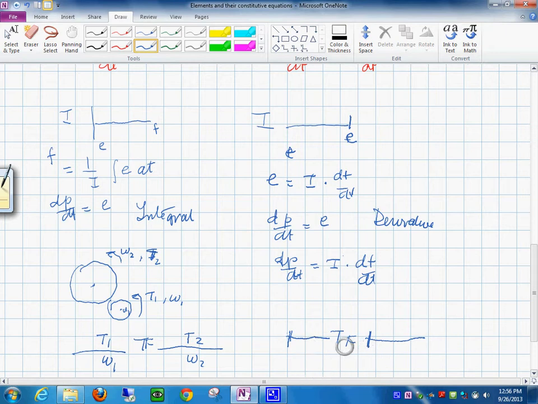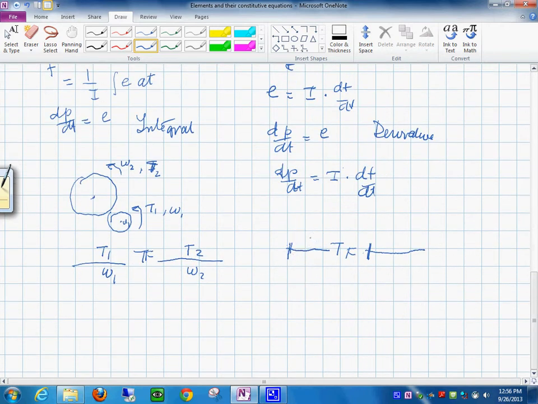If this is E sub 1 and F sub 1, this is E sub 2 and F sub 2, then it follows that E1 is equal to the transformer modulus times E sub 2.